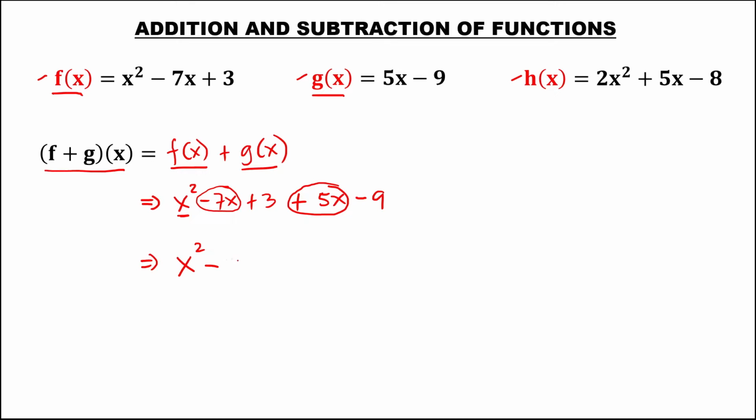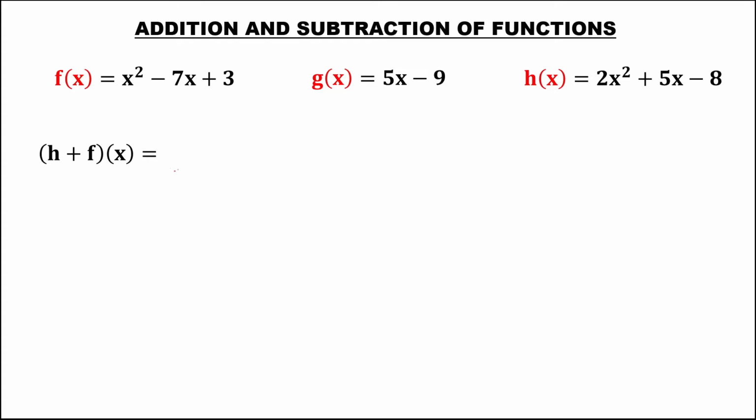And 7 minus 5 is 2x. Then for positive 3 and negative 9, different sign, we need to subtract. And 9 is greater than 3, therefore this must be negative. So 9 minus 3 is 6. So this is now the value for this function.